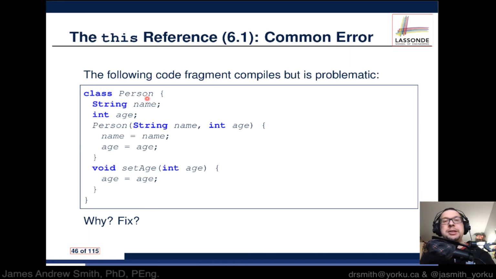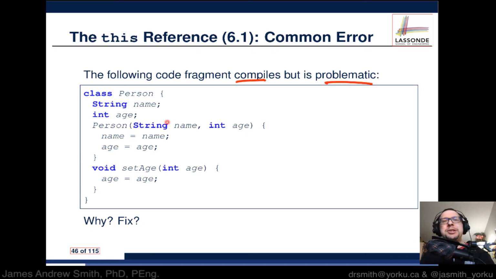All right, so for instance, here is a code fragment that will compile, but it's problematic because we're not sure. It's hard to be explicit about and confident about what's going to happen in here. So for the same reason that often in programming we'll put extra parentheses around things just to make sure the compiler doesn't do something that we didn't expect.